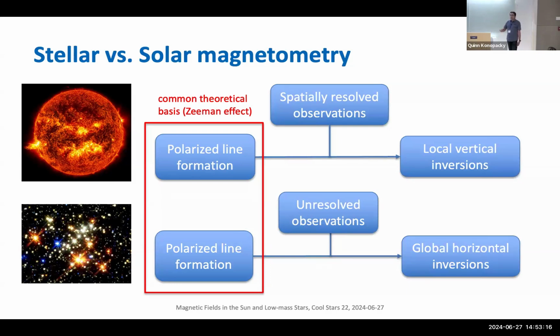For the sun, the relevant information that remains to be recovered from observations is vertical information: how much velocity field, temperature, and magnetic field change with height, whereas for the stars, it is horizontal information that we care about. And then when it comes to comparison, it's not entirely obvious how we can compare the solar and stellar results.